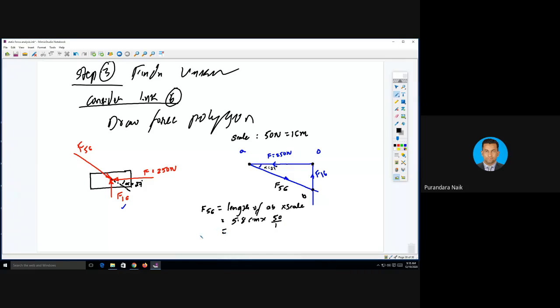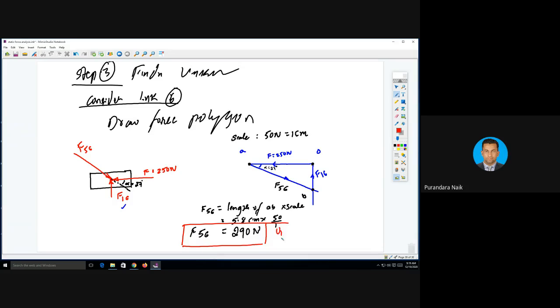Now what is the answer for F56? Length of OB is 2.6. No, not 260. I am talking about F56. Does 290 come? 290.